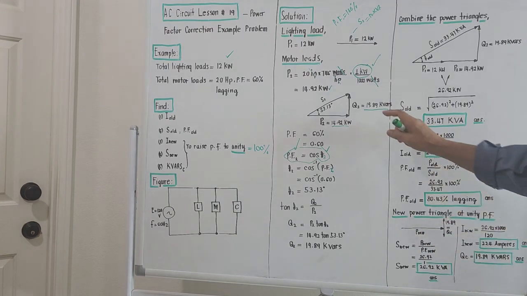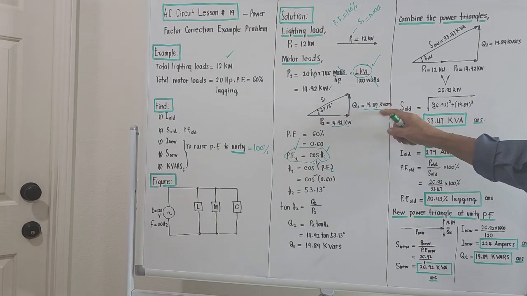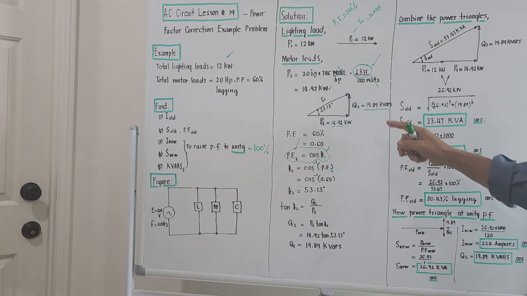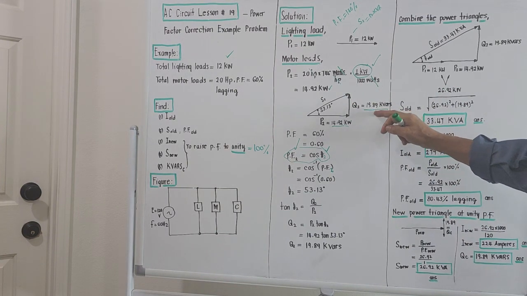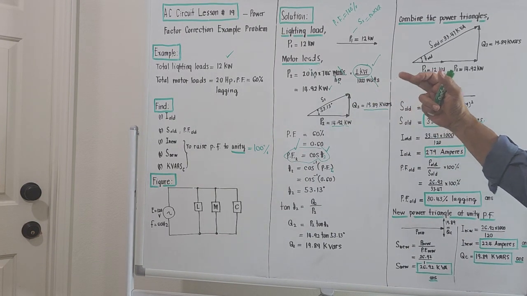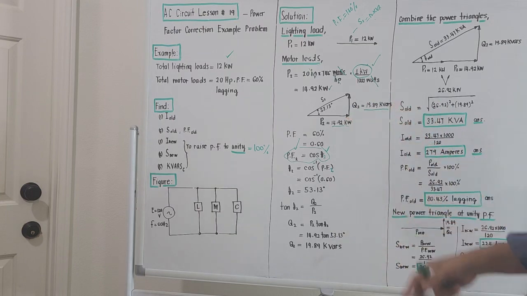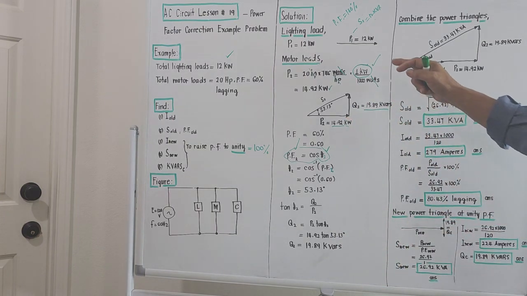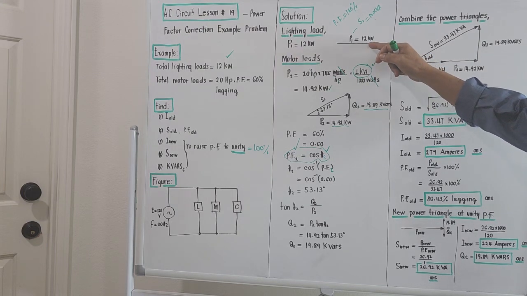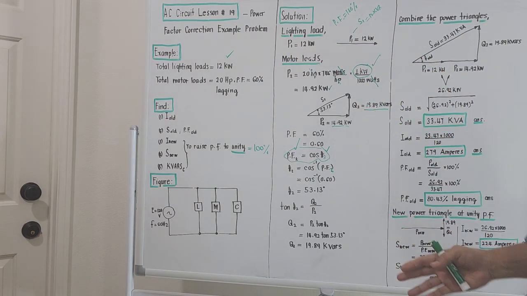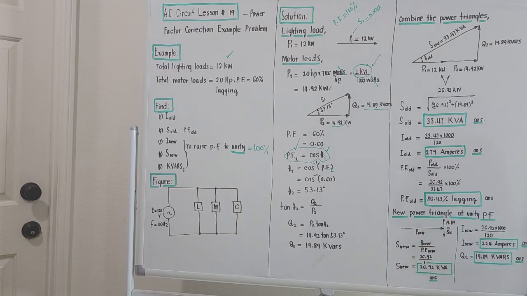It's very big. And this contributes to the high current usage. If we could eliminate this one to lessen our current, we could lessen it. Okay? So combining power triangle number 1 and power triangle number 2, it should be a vector addition, right? Power triangle number 1 is this 12 kilowatts here.